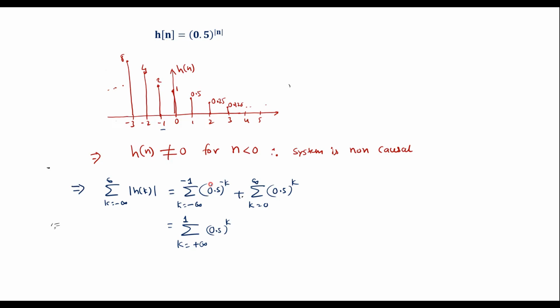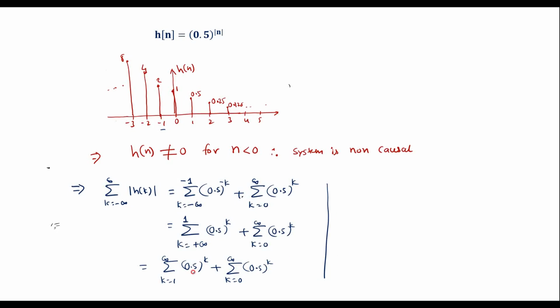So which is same as this one, plus summation k is equal to 0 to infinity 0.5 power k. So let me simplify this further, or I can represent it as summation k is equal to 1 to infinity 0.5 power k plus summation k is equal to 0 to infinity 0.5 power k.